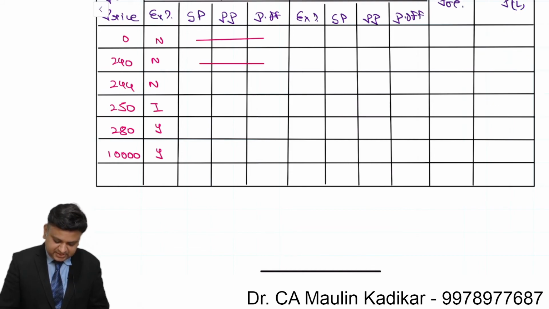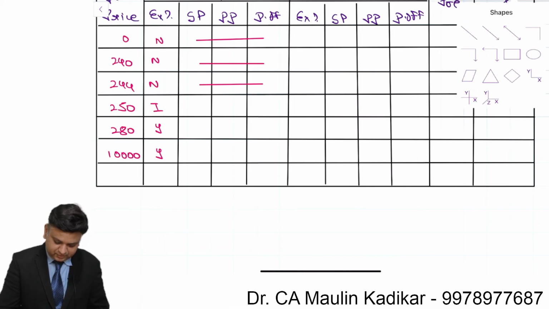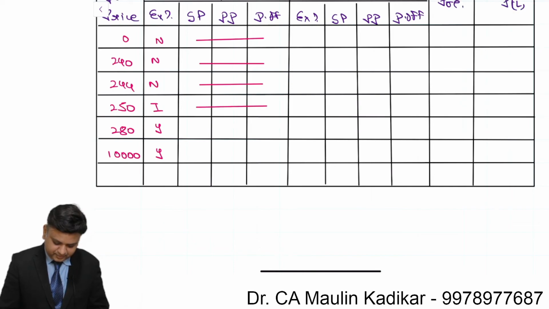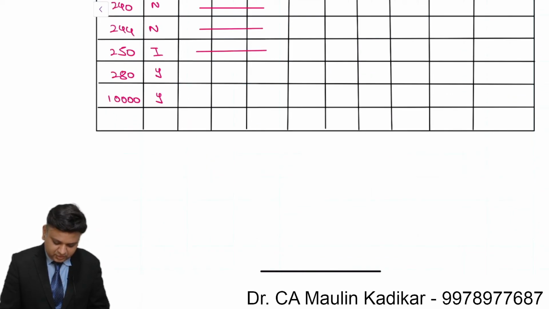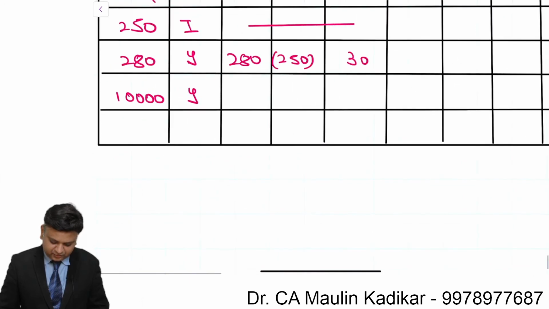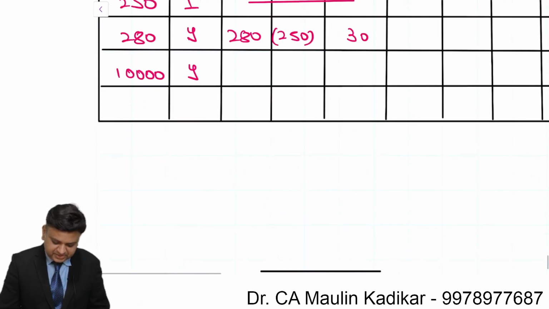If you exercise, then you will receive the positive payoff. What is the positive payoff? You purchase at 250, you sell at 280, so there is 30 rupees positive payoff. You purchase at 250, you sell at 10,000, so you have positive payoff of 9750.